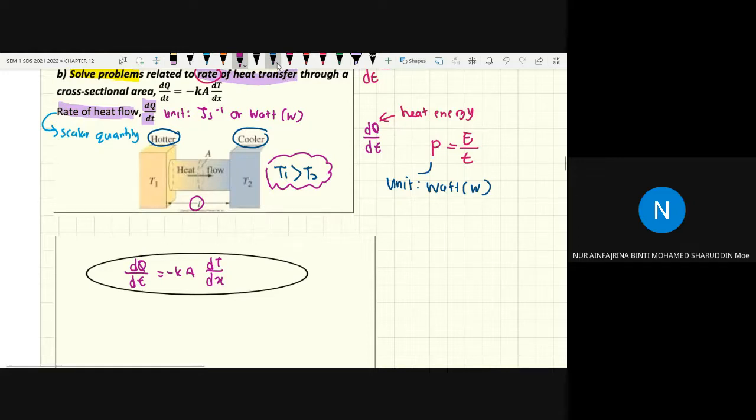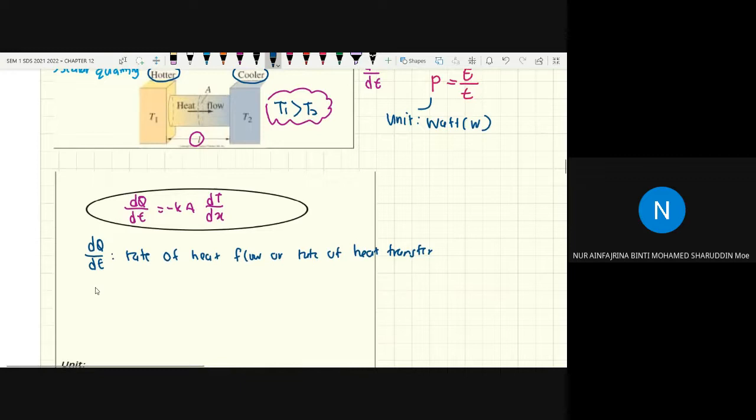Where dQ over dt is the rate of heat flow or rate of heat transfer. Then A is the cross-sectional area.